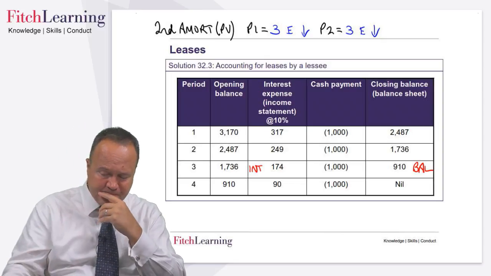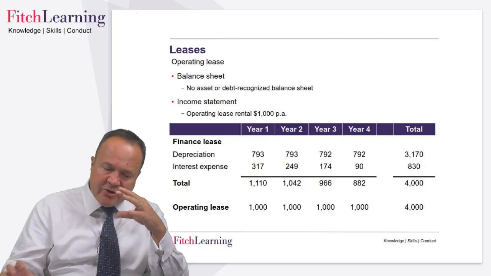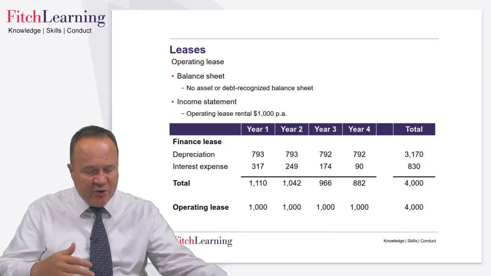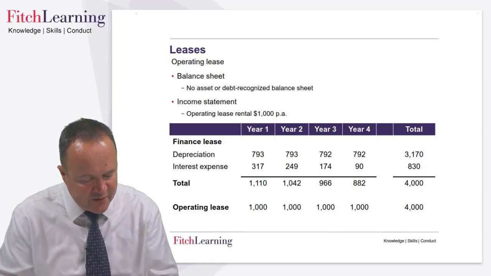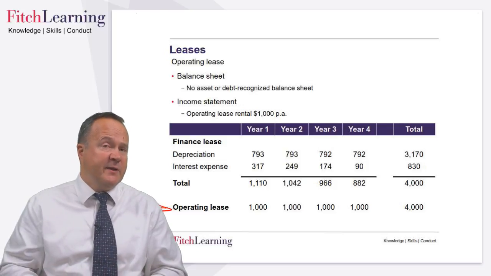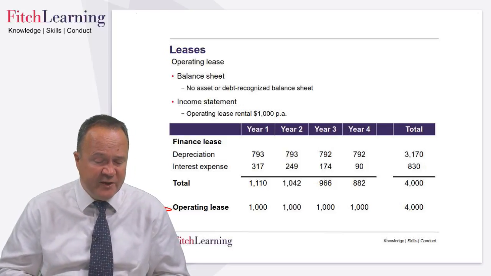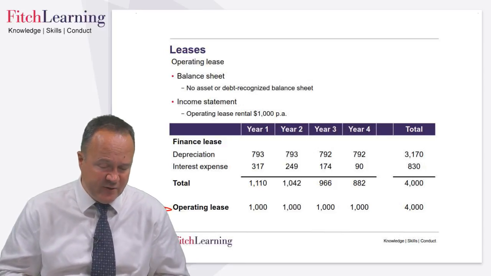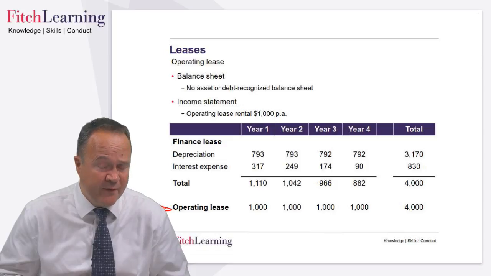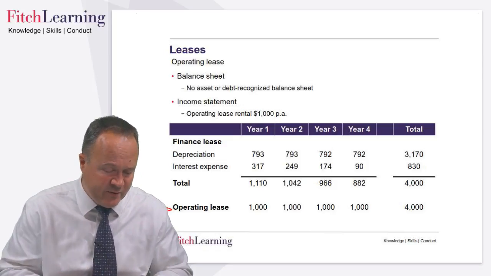Here's our concluding income statement. We said for the operating lease, we're going to have just $1,000 per year as an expense. Whereas for a finance lease, we're going to be showing depreciation and interest. Depreciation was 792.5, so to avoid decimals, we rounded up for 2 years, rounded down for 2 years.